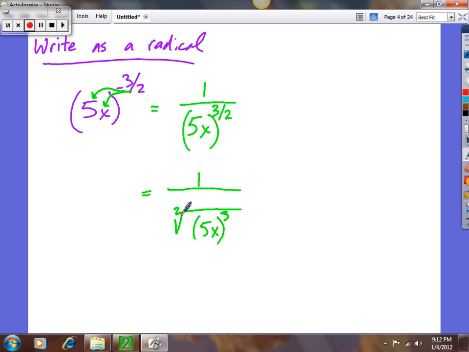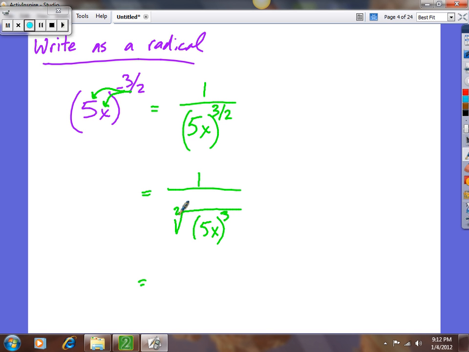Alright, looks like this one's going to be a couple more moves. So we're on move number 3. Simplify this square root of 5x cubed. I noticed that my exponent 3 is higher than my index of 2, so I know that some of these 5x's are going to make their way out. You just ask yourself, how many times does 2 go into 3? And that'll tell you how many 5x's make it out.